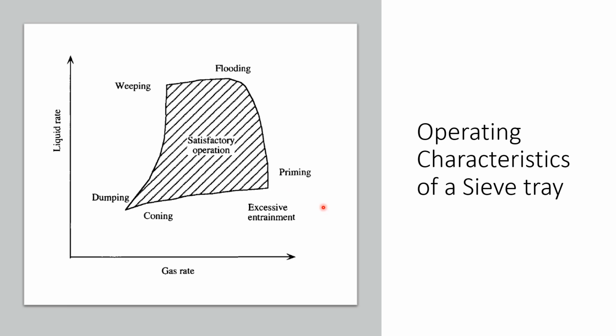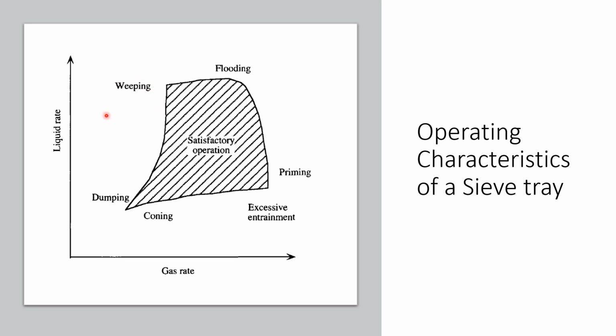In general, for every tray, the maximum allowable pressure drop should not exceed 1.2 kilopascal per tray. In some references, they consider 1 kilopascal per tray the maximum allowable pressure drop. So we have many design constraints, but we always have to keep in mind flooding, weeping, and pressure drop.